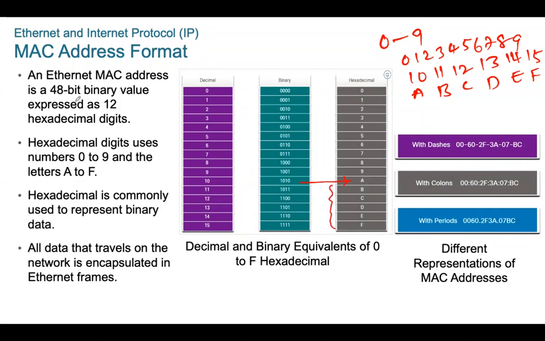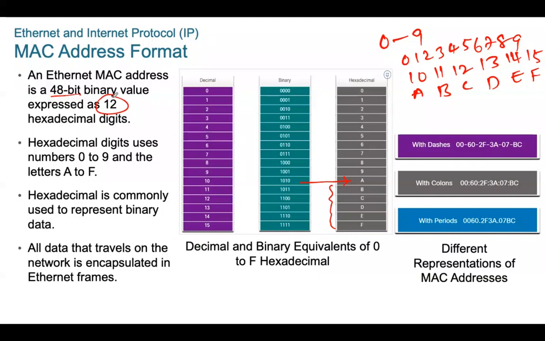So these 48 bits are represented in the hexadecimal format. So it takes 12 hexadecimal digits. Is that correct? If you divide 48 by 12, how much does it take? 4 bits, right? Okay.